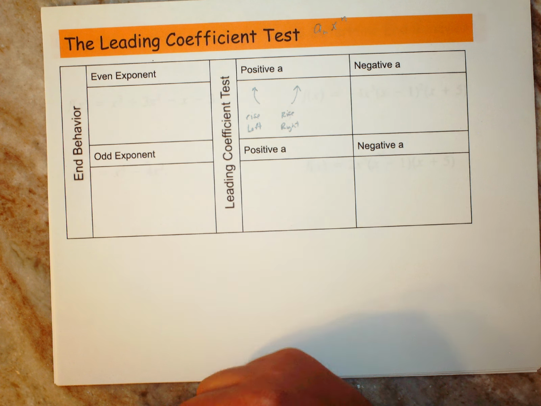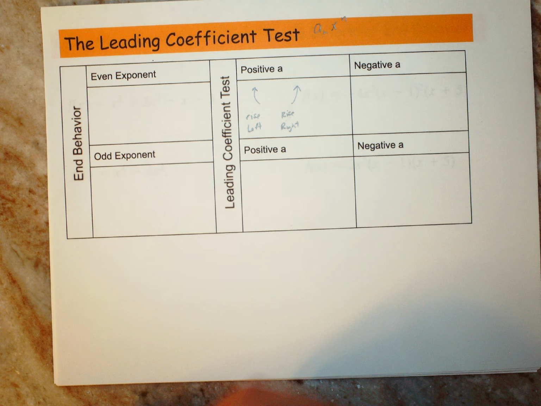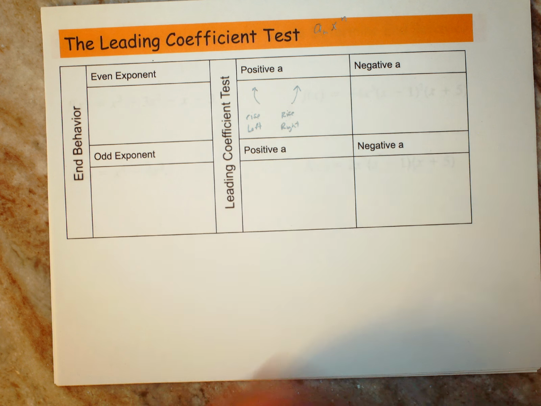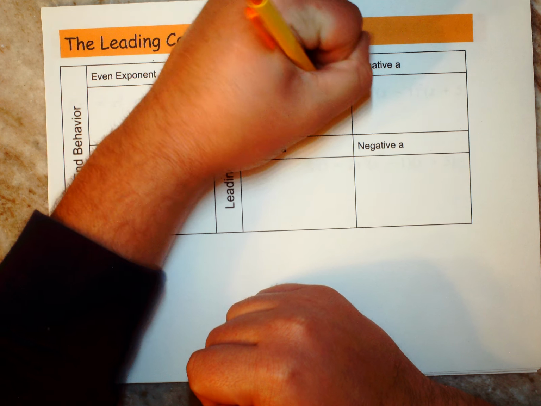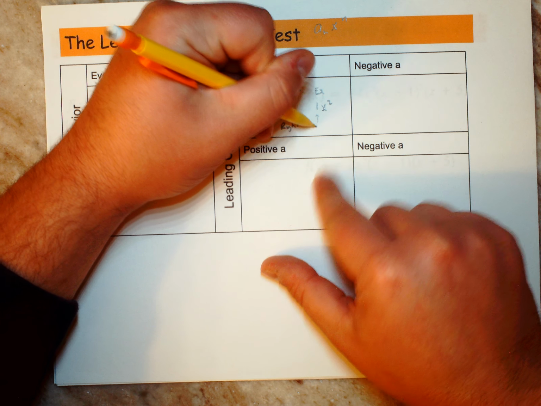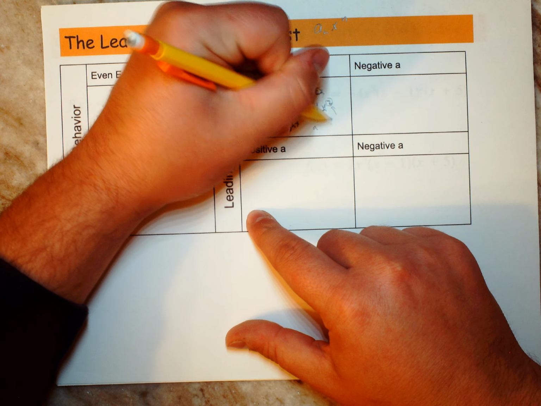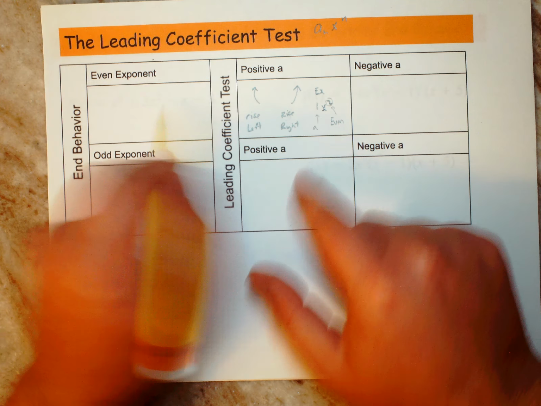So a polynomial with a leading term that has the highest power, with a positive a value, and n, which would be the exponent, is even, it's going to rise left and rise right. An example that we could think of is x squared. If you look at x squared, the a value, which is 1, is positive, and the exponent is even. So even exponent, positive a value.